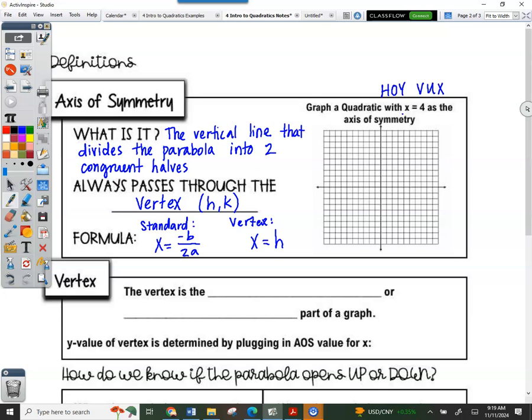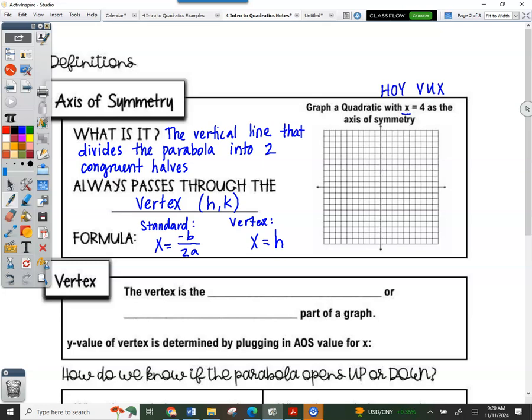If it's x equals 4, which scenario do I have, Hoy or Vux? Is it vertical? Vux, right? Because doesn't Vux have the x in it? Does that make sense?